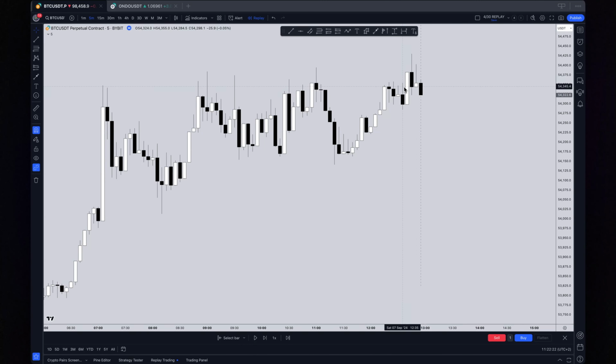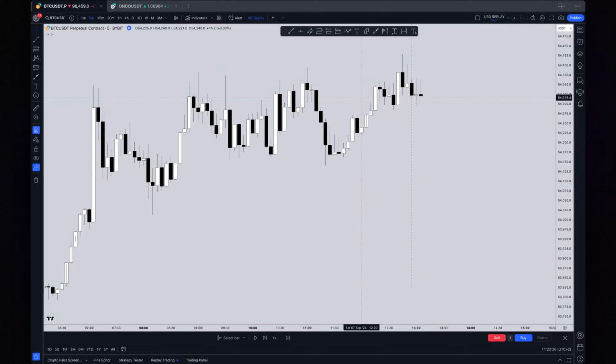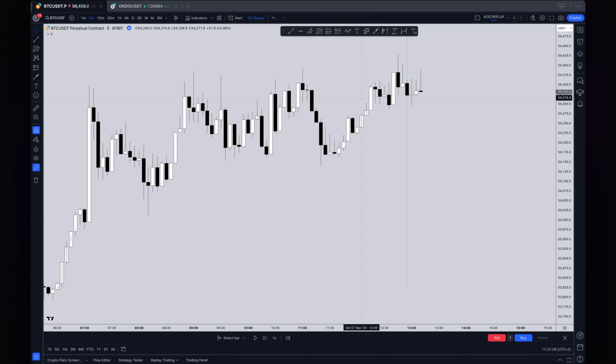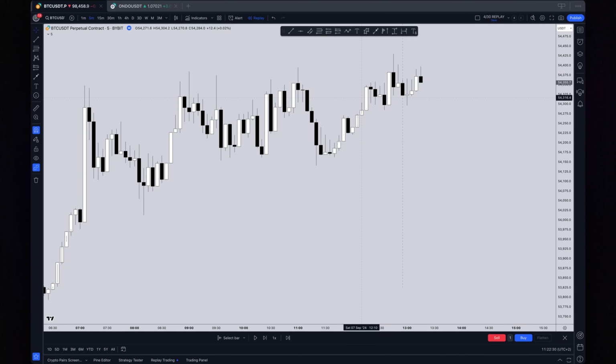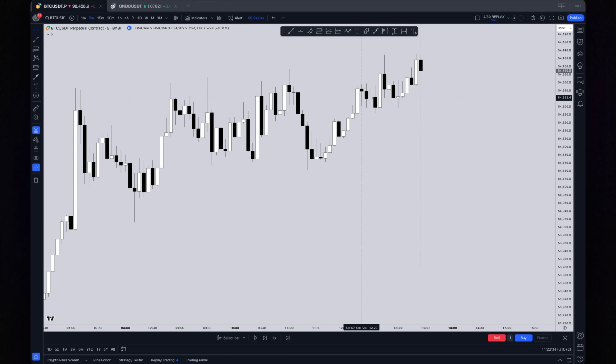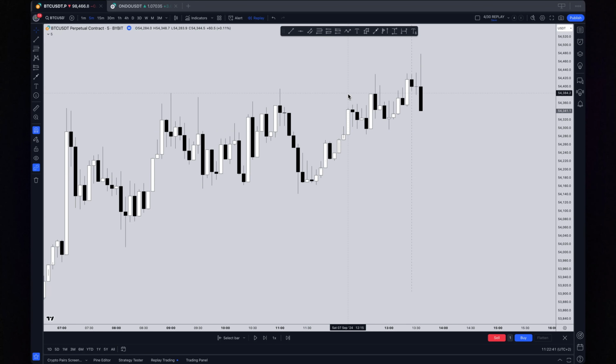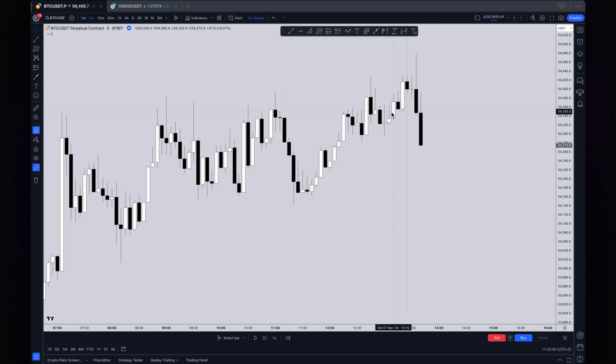LGC to the downside, close to the swing. Yes, I want continuation. Not getting it. Going for another swing, sweep, I mean. Okay, we want to go. That's a beautiful sweep. Swing formed.